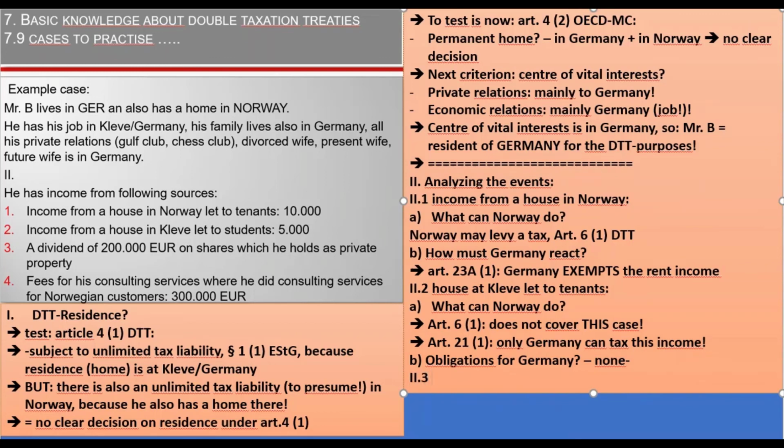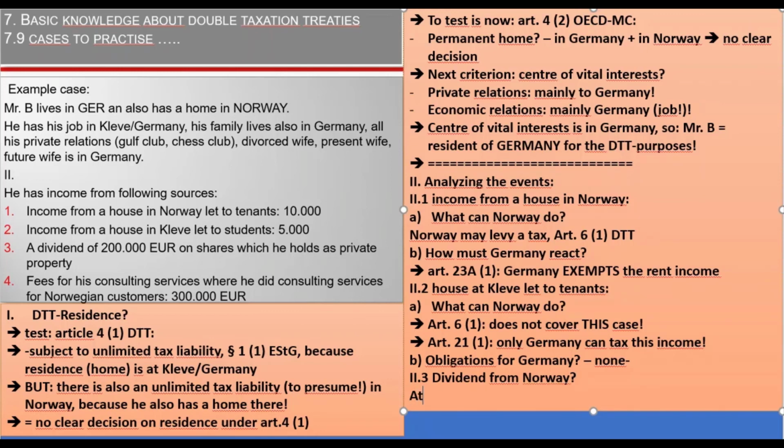Next event, dividend from Norway. Well, I still must admit I didn't place that it is from Norway on the slides. That was a mistake, or a negligence, which might deserve capital punishment, but we agreed it's from Norway.